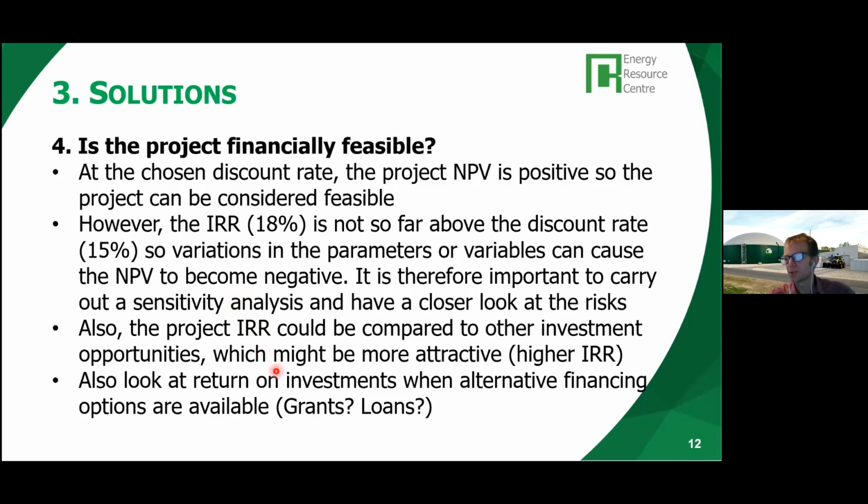And finally, what could be considered is to look at alternative means of financing, for example, subsidies, grants, perhaps bank loans at attractive interest rates to see if the rate of return on the invested capital can be increased, so that the total amount of equity to be invested by the project owner can be reduced, so that the rate of return on the investment could increase.